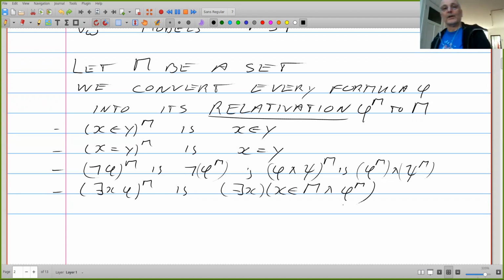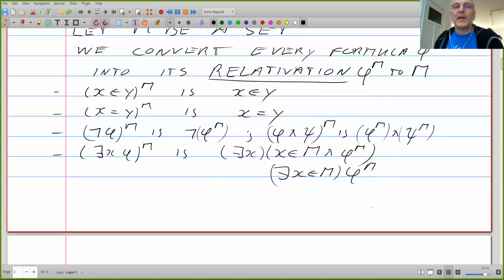This is the important bit of the definition. How do we interpret an existential quantifier? We interpret it as there is an X in M. And the short version of this is: we abbreviate "there is an X in M and phi" as "there is an X in M such that phi".